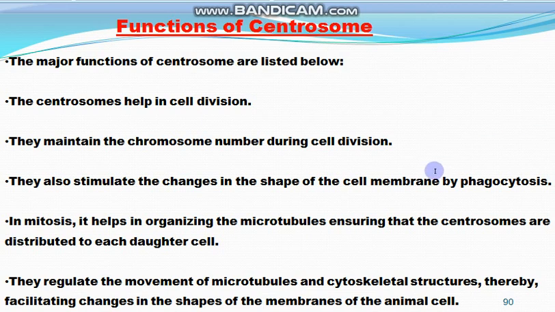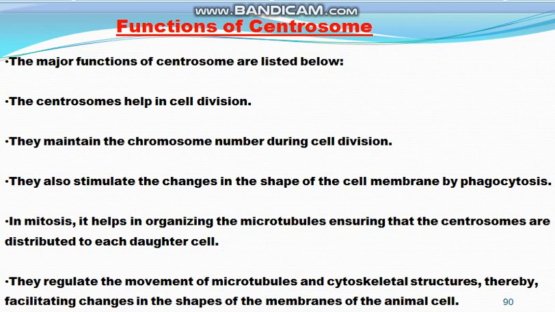They also stimulate the changes in the shape of the cell membrane by phagocytosis. And in mitosis, which is the process of cell division, it helps in organizing the microtubules, ensuring the centrosomes are distributed in each daughter cell.